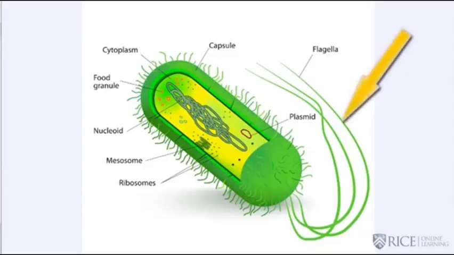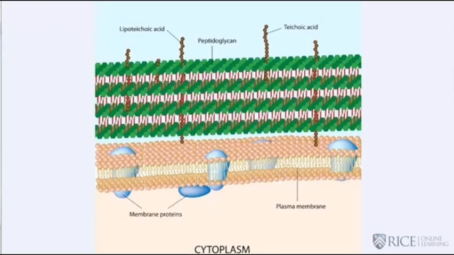They have flagella that help move them around, but they're nothing like your flagella. And one of the things that they have is a lot of stuff on the surface that allows you to tell them from you. This is a surface cut through the plasma membrane and cell wall of a gram-positive bacterium.